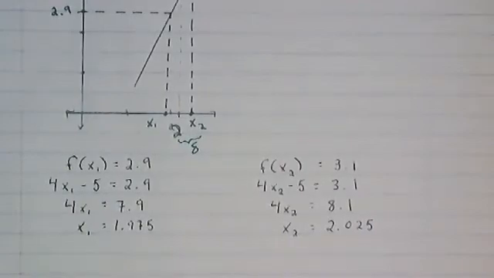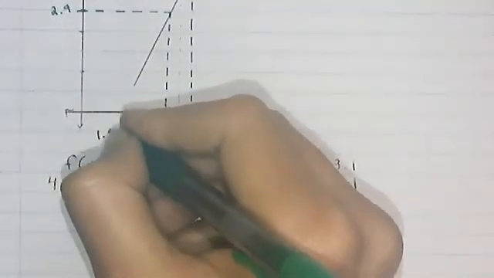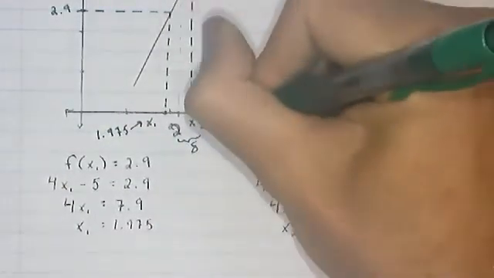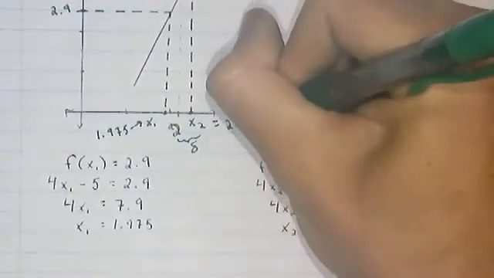Okay, so we just did some basic algebra, but what do these x values mean? We've figured out that x sub 1 is 1.975, x sub 2 is 2.025.